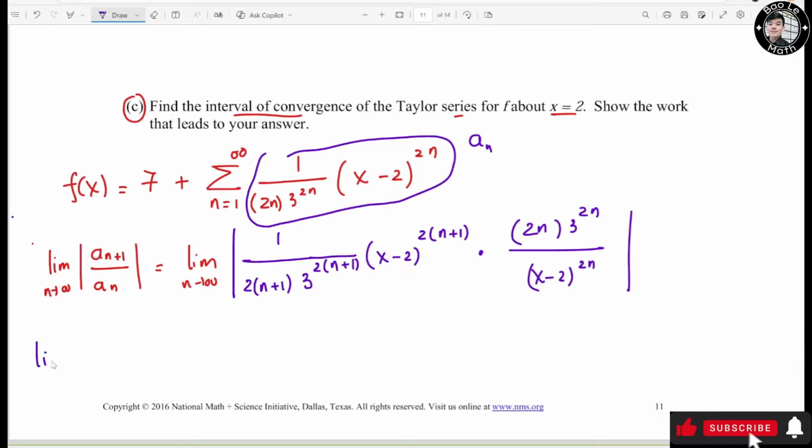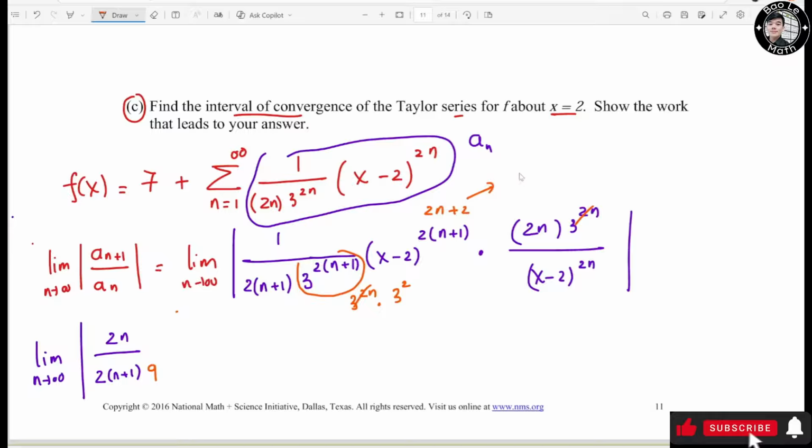So it's going to be limit when n approaches infinity, absolute value of, we have 2n on the top right here over 2 times n plus 1 on the bottom. Now this guy right here is actually 3 raised to the 2n times 3 squared, right? So this guy and this guy cancel out. We have 3 squared on the bottom, which is 9, right? And this guy right here is actually 2n plus 2.